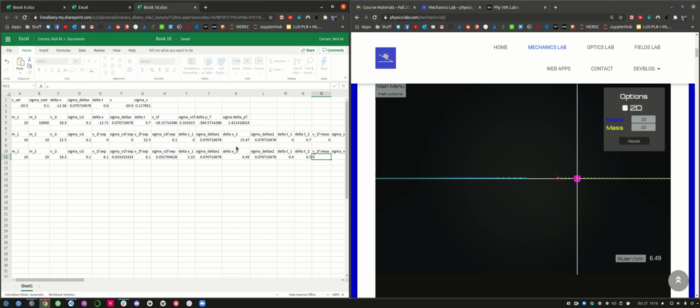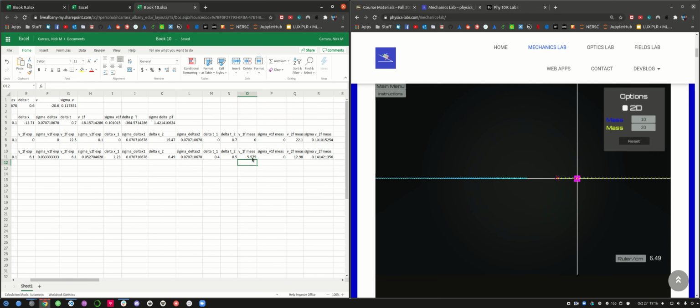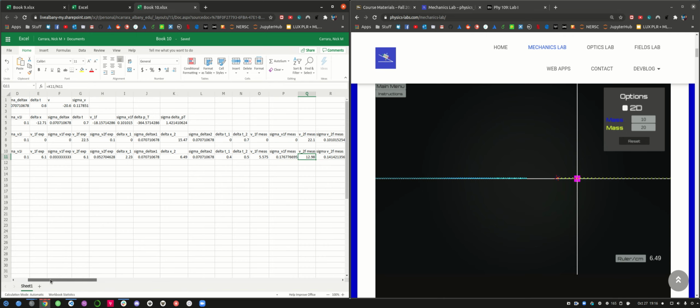And let's see, this is going to be delta x1 divided by delta t1, which is close, 5.575. It's close. This is this times, oops, that divided by that. There's my uncertainty. And then this one is going to be that.